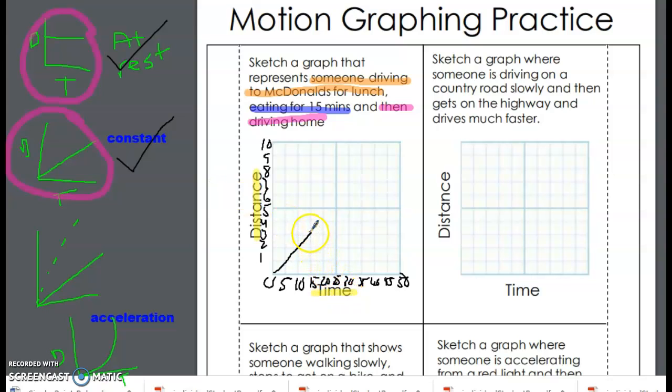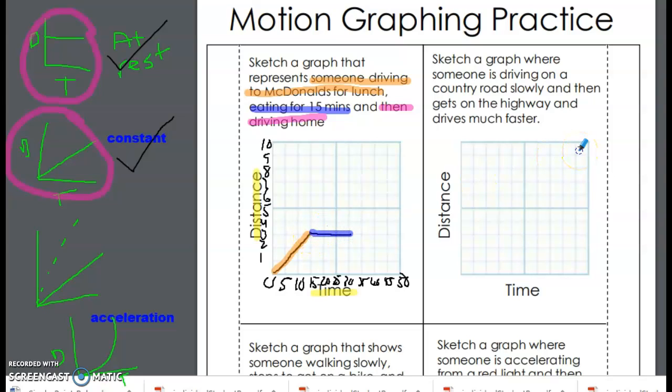So I know that this is 5, this is 10, and this would be 15. So now when I look at my graph, and I'll try to do the same colors, I have driven to McDonald's, I have stopped for 15 minutes.